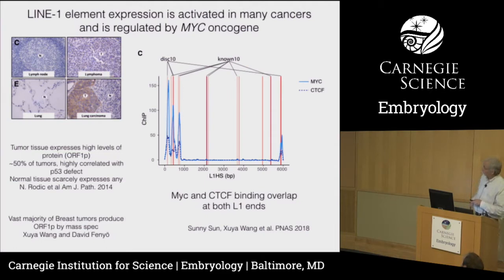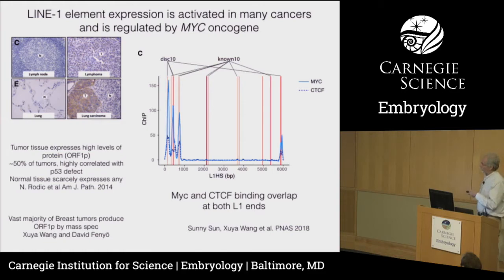So I'm going to just give you the highlight of a study that we just published in PNAS from Sunny Sun and Shuya Huang, where we basically mined the ENCODE data set to study what everybody else ignores, namely the sequences that got masked and where transcription factors that people have been mapping the binding sites, where they are binding to the LINE sequence.